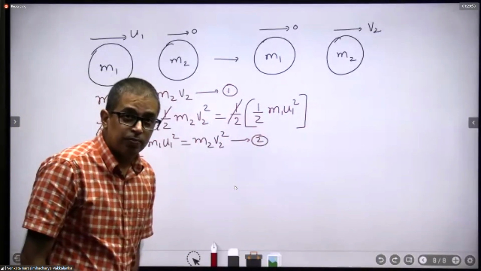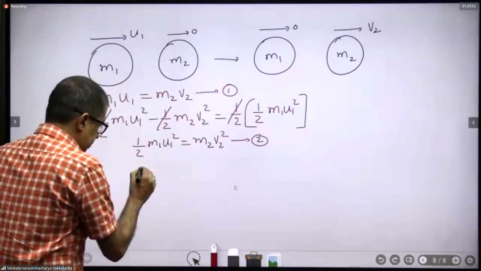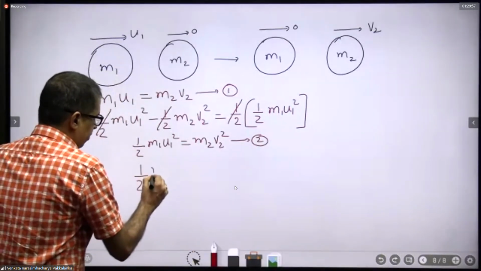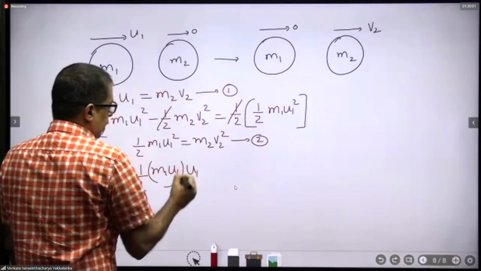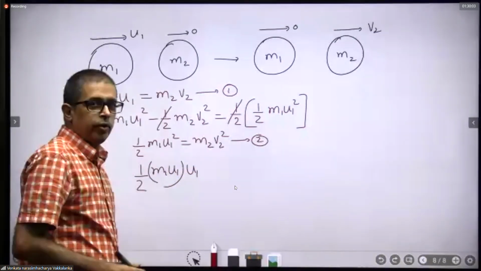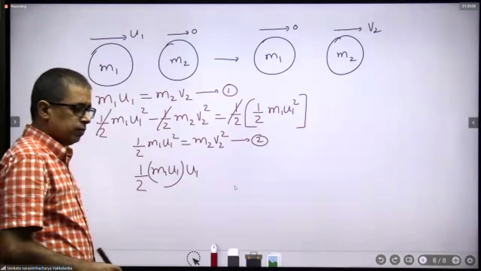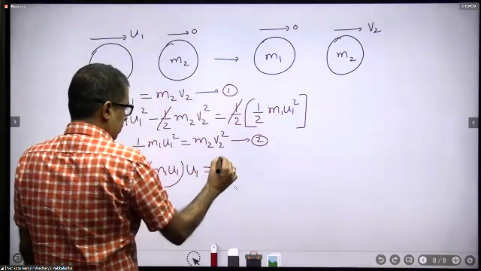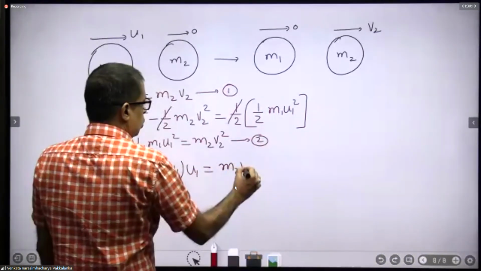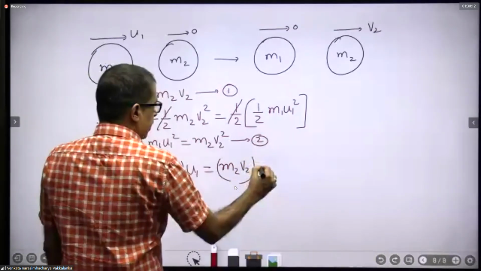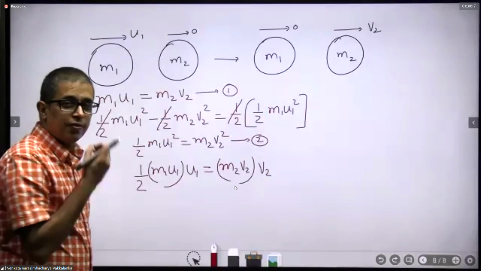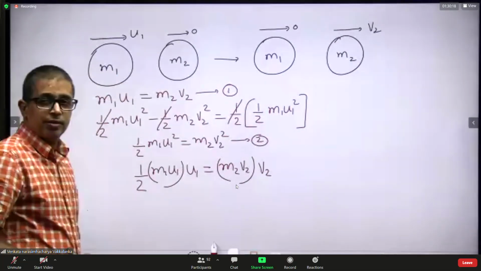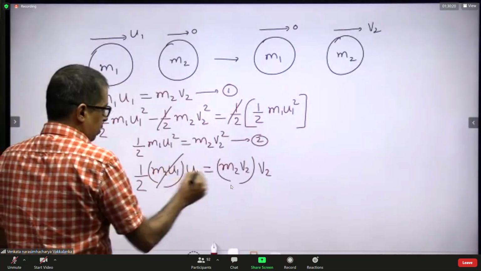Now look at the smartness in the simplification. Take the second equation and divide it by the first equation: M1 U1 into U1 over M2 V2 into V2. So you can equate first equation in this.